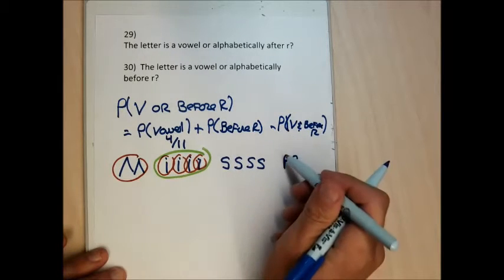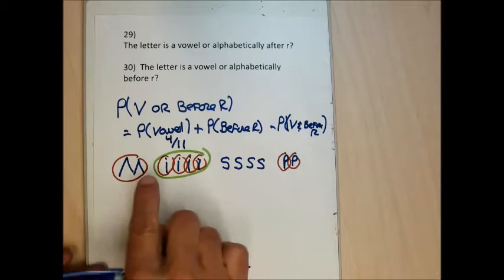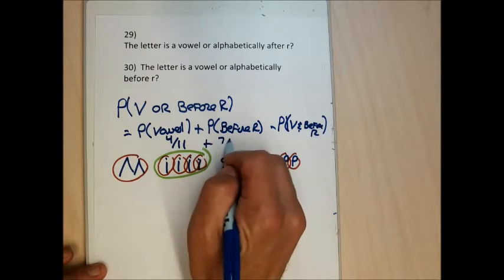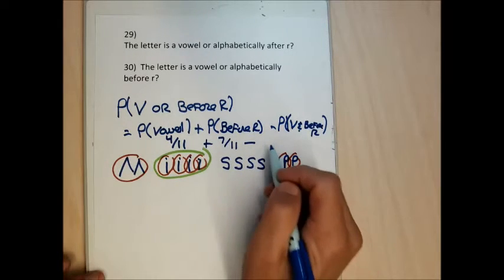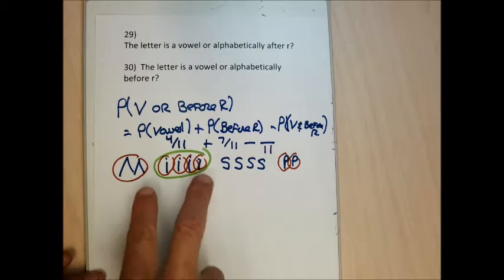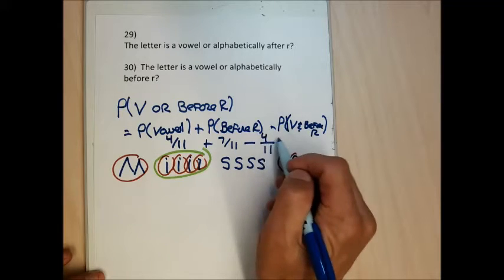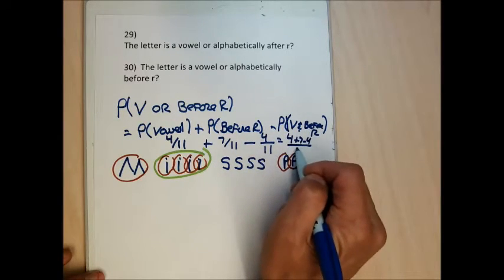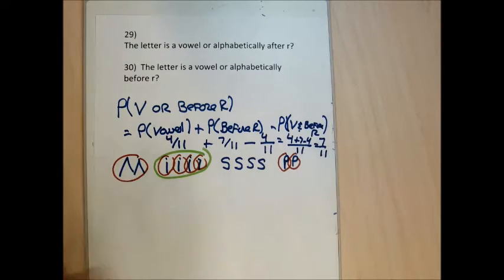S is after R. And the P's are also before R. So there's 1, 2, 3, 4, 5, 6, 7 letters alphabetically there that are before R's. And then for the last fraction, the denominator is going to be 11. The numerator is going to be any letter that I circled twice, and that's going to be the 4 I's. Those have been circled twice. So this is going to be 4 plus 7 minus 4 over 11. And my answer to problem 30 is going to be 7 over 11.